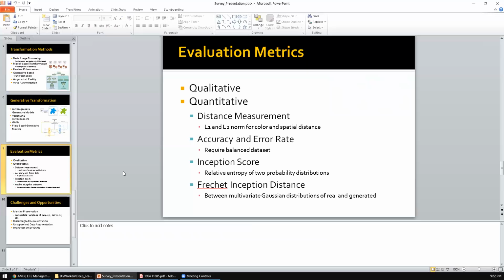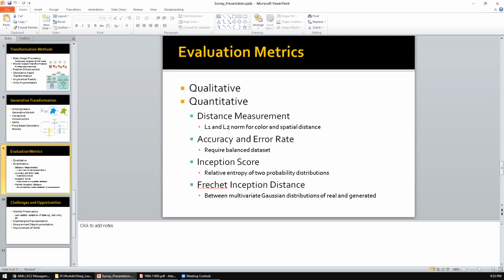Lastly, we get into the evaluation metrics. Most of the evaluation metrics are based on qualitative and quantitative measures. Qualitative means you ask a bunch of people how your generation looks.